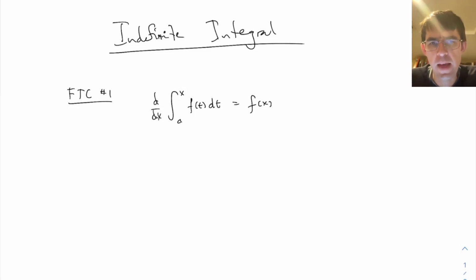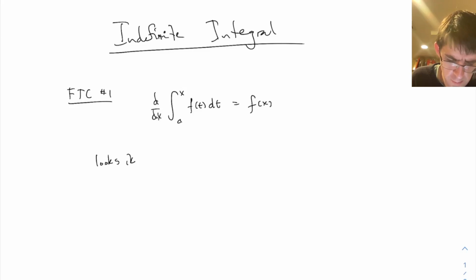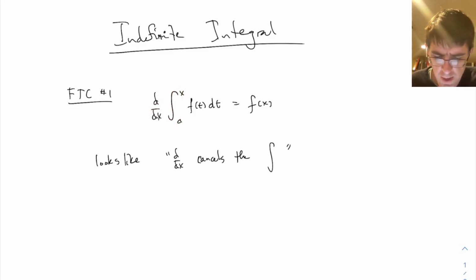When you look at that, one very simple way of seeing this is it looks like the derivative cancels the integral sign. On the left, I have the derivative followed by the integral sign, and on the right, I have basically just what was on the inside there.